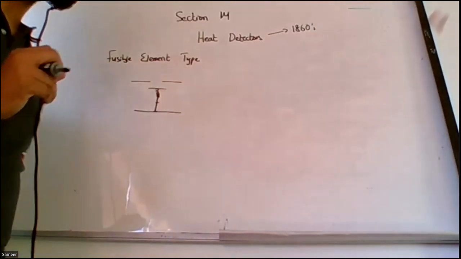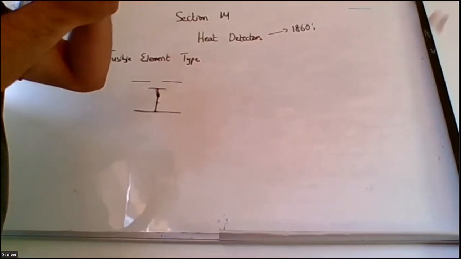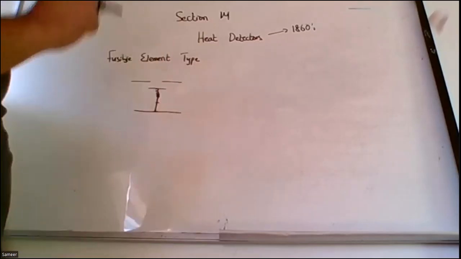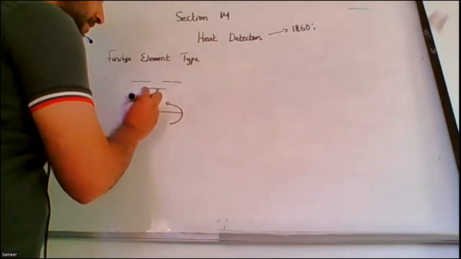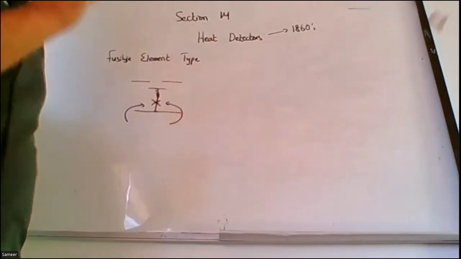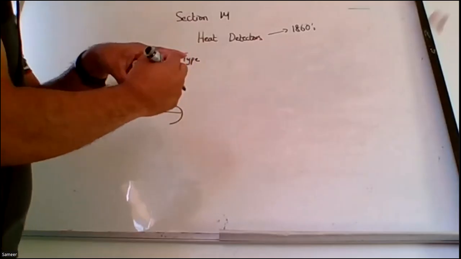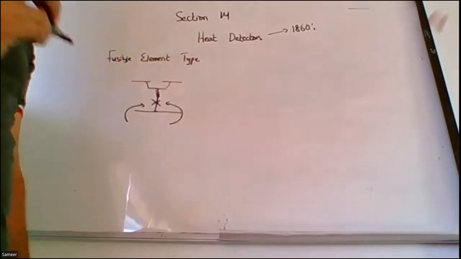The spring is being pressed down by the diaphragm. As soon as the link breaks, the spring expands up. So heat rises, the link breaks, and the thing that was pressing the spring releases. When it releases, the diaphragm moves up, makes contact, and initiates an alarm.